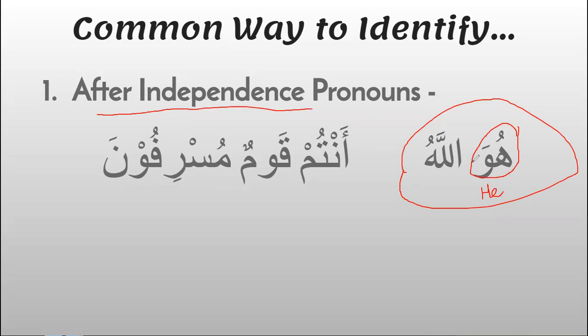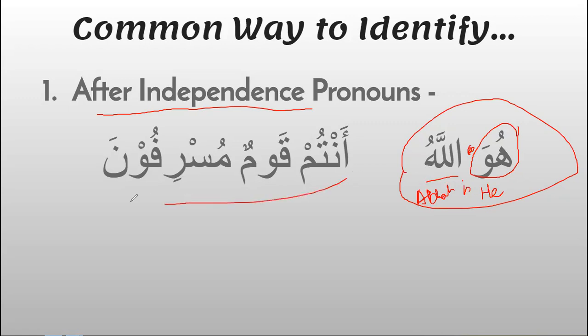So it's not only he, here we will put the is, right? Okay, he is. And then the next part, Allah. So he is Allah. So this is a sentence, right? He is Allah. Okay. Now this is easy, right?